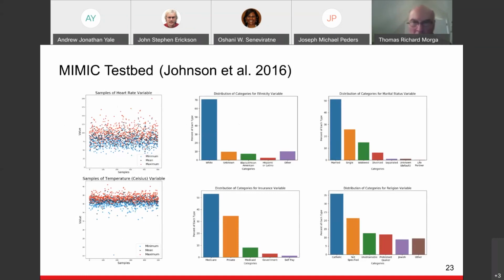We were trying to use ICU data on patients to predict 48-hour mortality. We had vital signs such as heart rate and temperature, which are continuous and span different ranges, which is why we needed to standardize, as well as demographic variables such as ethnicity and marital status. These were categorical so that we could test out our categorical mapping.